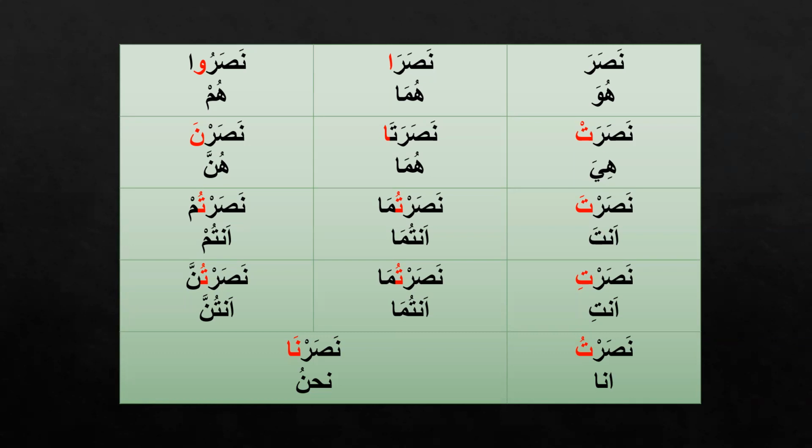This is very important to learn: you will see that the third or last root letter is going to have a sukoon on it in all the remaining sighas. All right, so remember this.